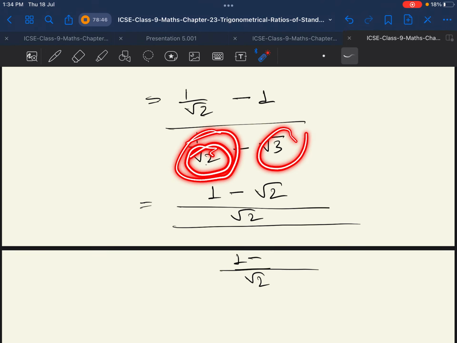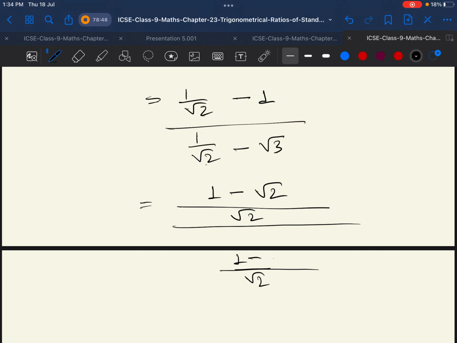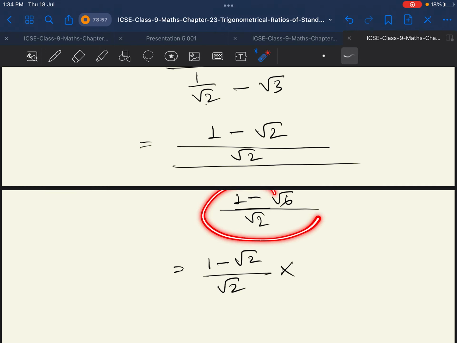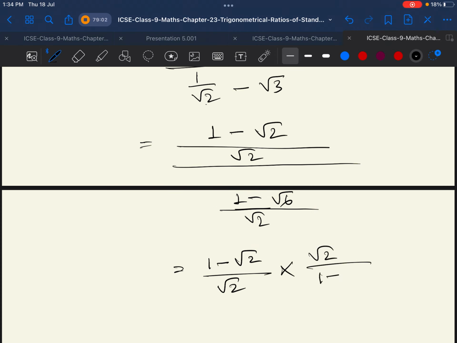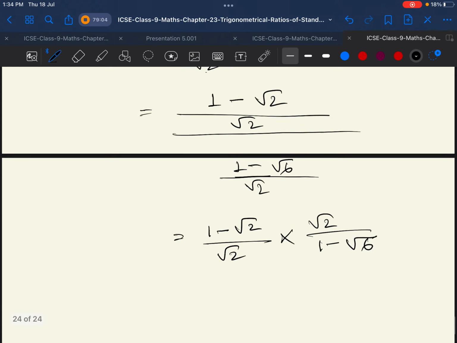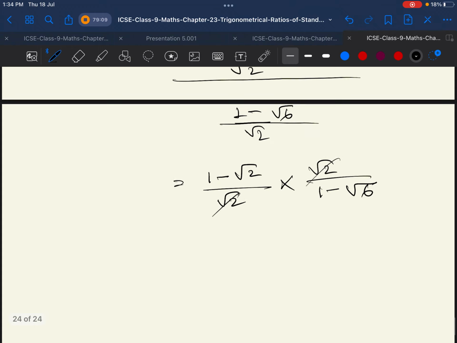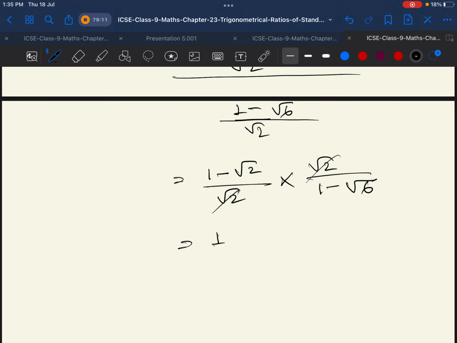Here you see root 2 into root 3, so we can write root 6. So (1 minus root 2) by root 2, and this term here, root 2 by (1 minus root 6). Root 2 here cancels, so you can write (1 minus root 2) by (1 minus root 6).